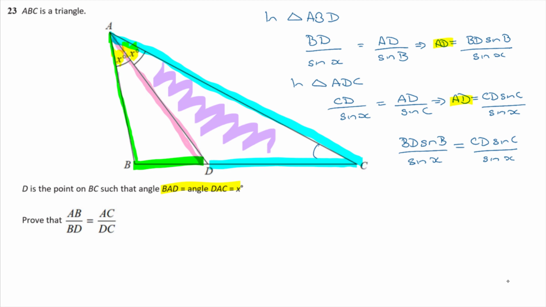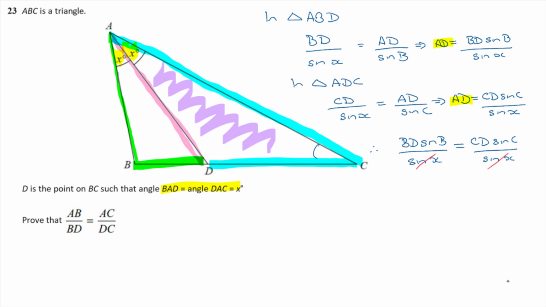I'm actually going to leave the AD bit out because I'm just going to say that those two parts are equal to each other. You might notice that they share a sine x on the bottom, so multiplying both sides through by sine x, they're going to cancel each other out.